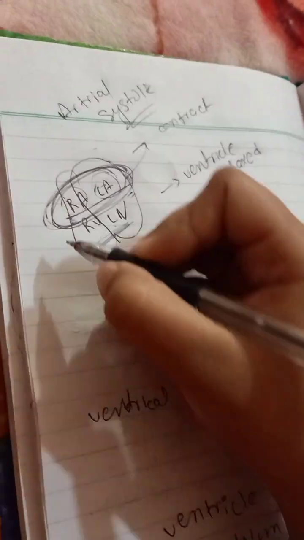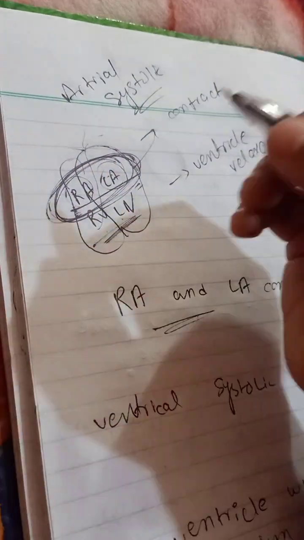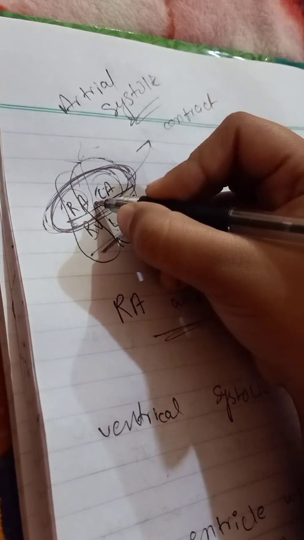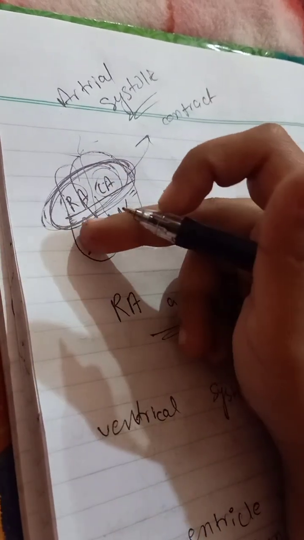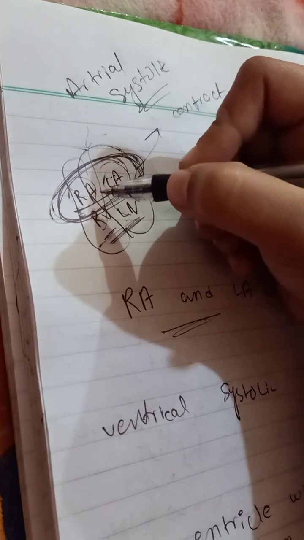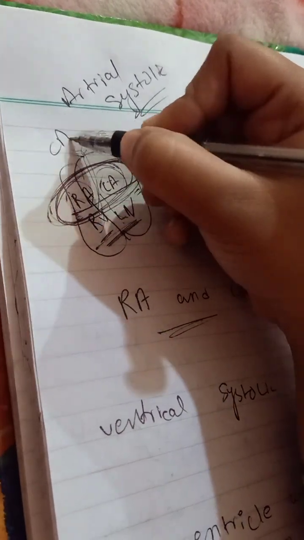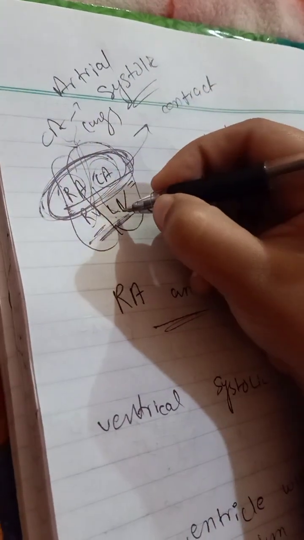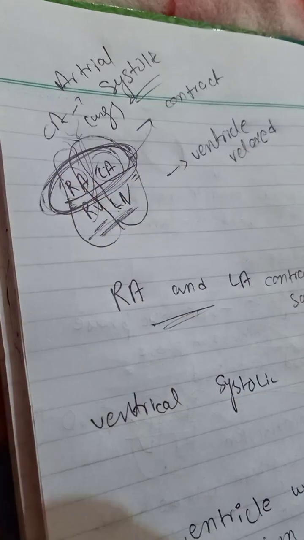Blood will move from the right ventricle through the pulmonary artery to the lungs. From each ventricle we have a semilunar valve, and both semilunar valves will open. From the right ventricle the deoxygenated blood will move to the lungs, and from the left ventricle the oxygenated blood will move toward the aorta and to the body parts.